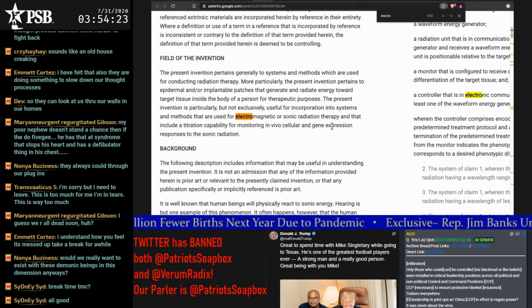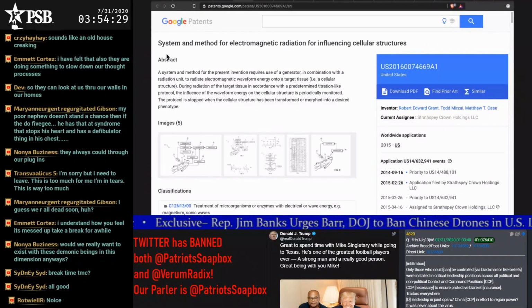So the imaging technologies can also be used to provide therapy. And we looked at this patent that specifically discusses electromagnetic radiation for influencing cellular structures up to and including genetic expression, phenotypic expression, epigenetic manipulation.